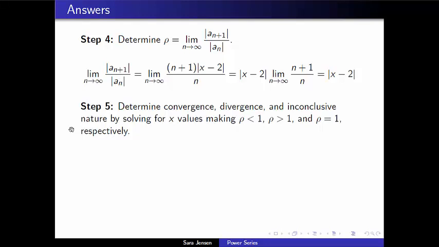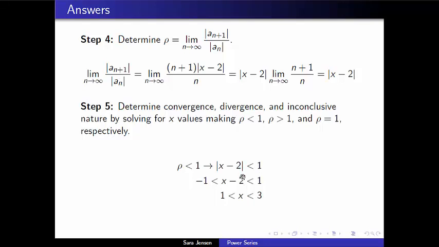We're going to take the rho that we found from step 4 and set that rho less than 1, and the values of x that satisfy this inequality are going to be the values of x for which our series converges. When we do that, that turns into the inequality the absolute value of x minus 2 is less than 1.